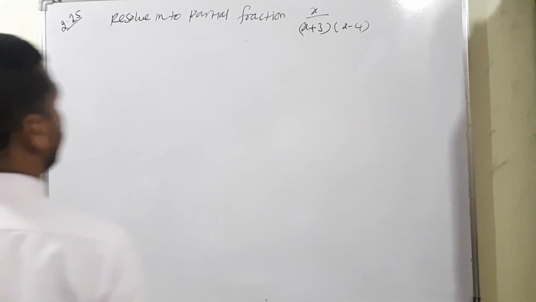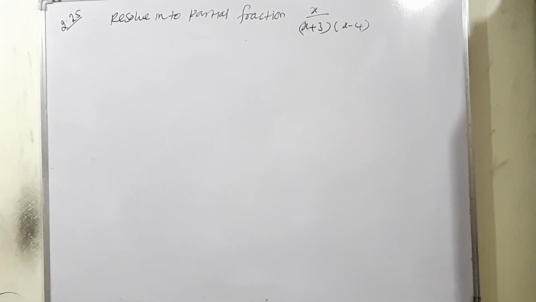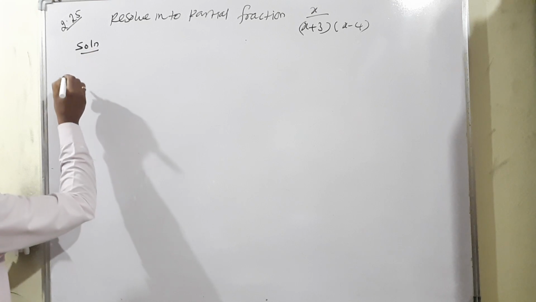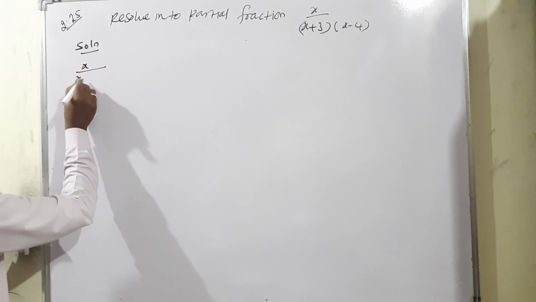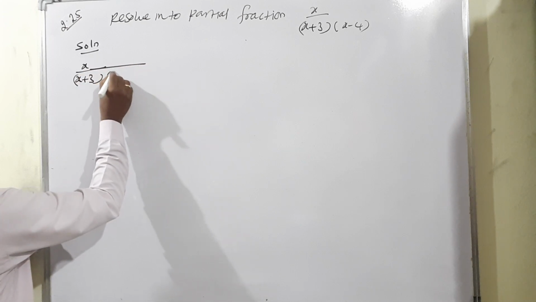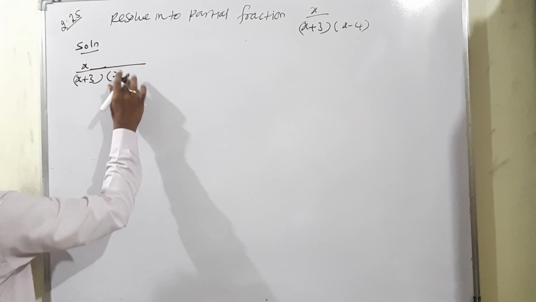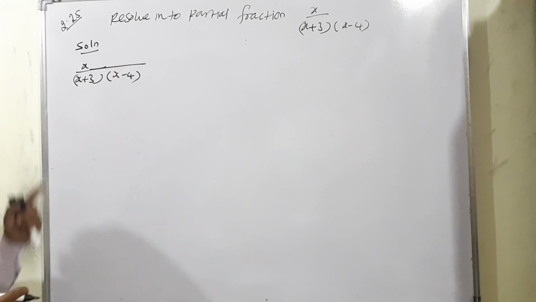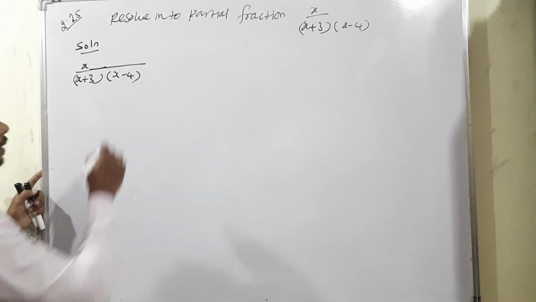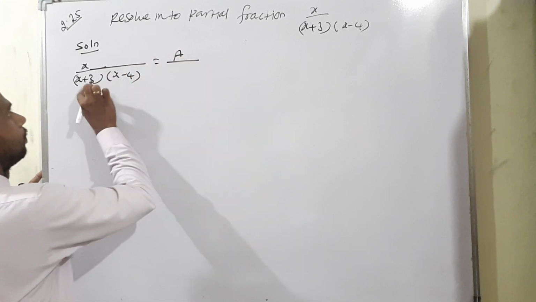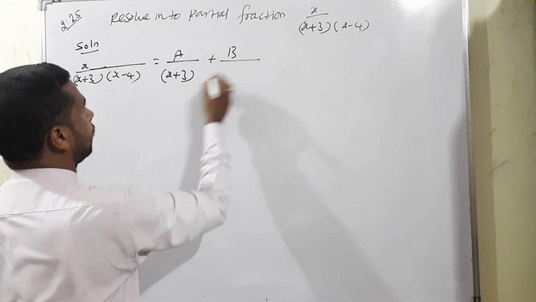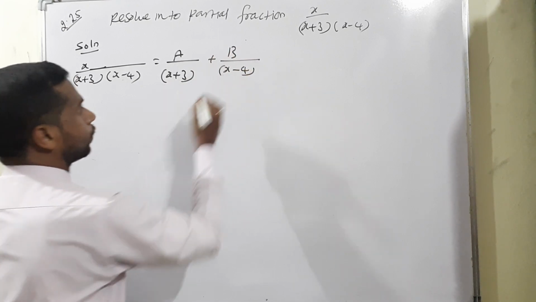Example 2.25, resolve into partial fractions. Solution: the question is x by x plus 3 into x minus 4. Listen very carefully. The denominator has different factors, so we just split it as a by x plus 3 plus b by x minus 4.